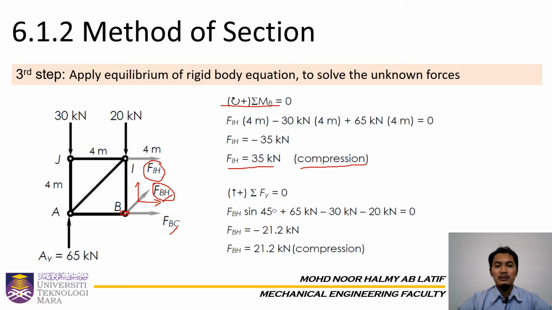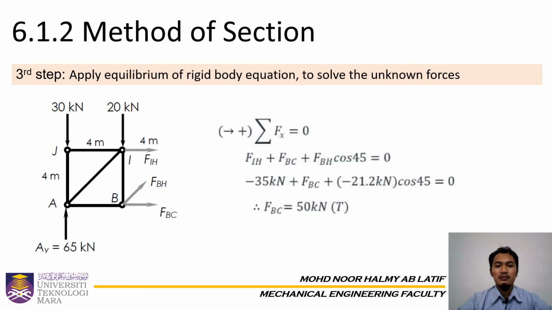In Y component, FBH sine 45 degree plus 65 kilonewton minus 30 kilonewton minus 20 kilonewton equal to 0, and we're going to get FBH equal to negative 21.2 kilonewton. Negative sign shows that the force are in compression.